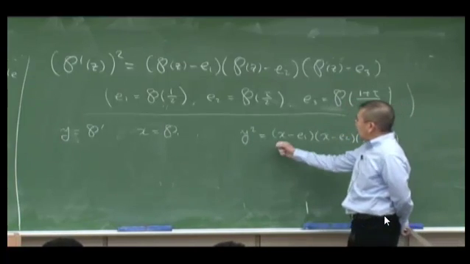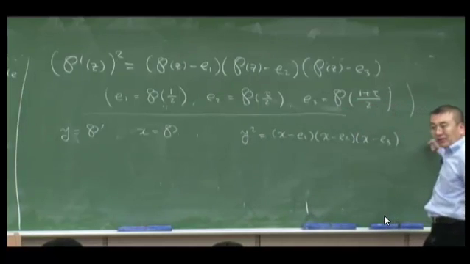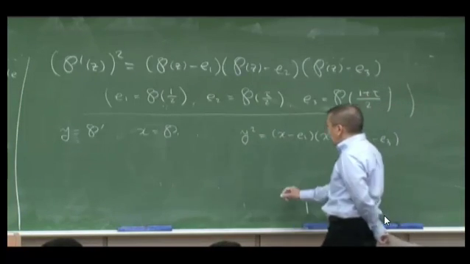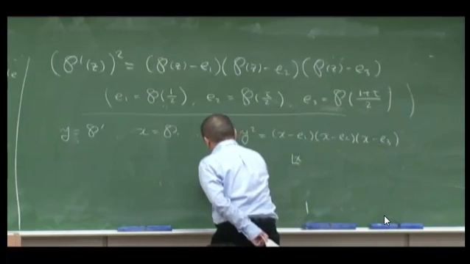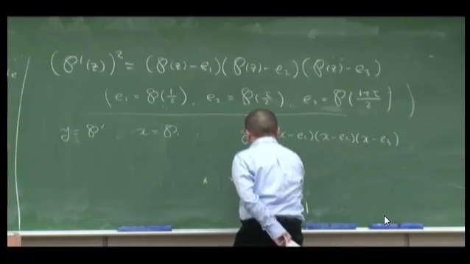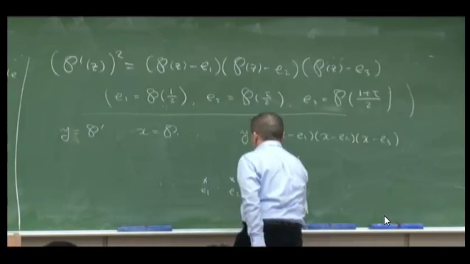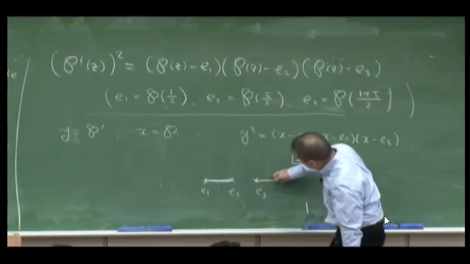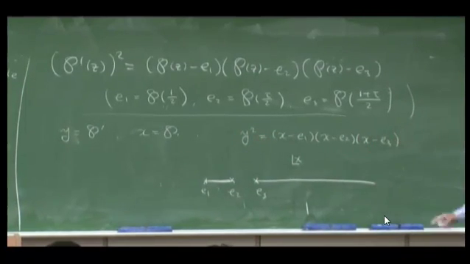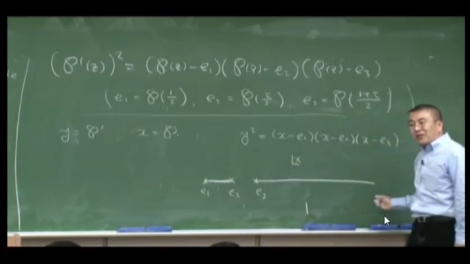So if you think of y as a function of x, it has a square root singularity. So if I consider space of x, then it has a cut at E1, E2, E3. So we can, for example, introduce this kind of cut, and then the other cut goes to infinity.